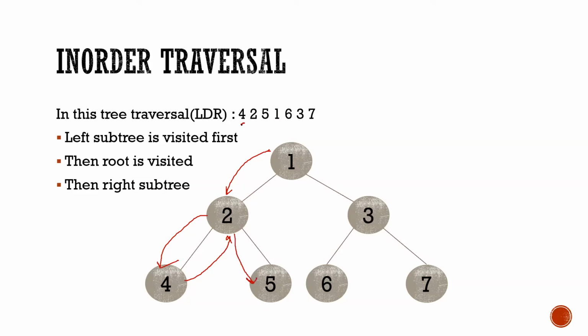So the left subtree is completed, and we move forward to 1 again. We printed the data part 1, the root node. Then for the right subtree, we first traverse the left node, that is 6.